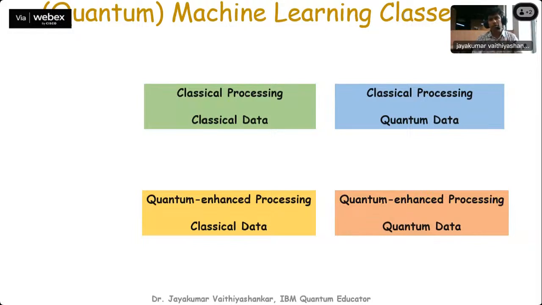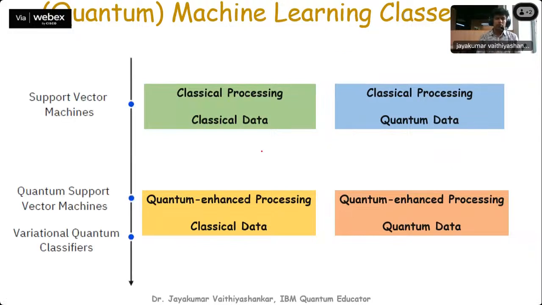So there are 4 different types of quantum machine learning you can do. The first is purely classical. These two are hybrid because we are mixing data with system. The last is purely quantum. In these 4 combinations, you're able to implement quantum machine learning.